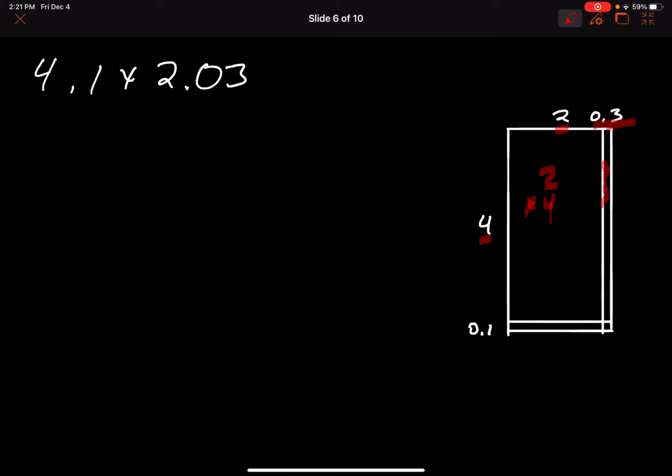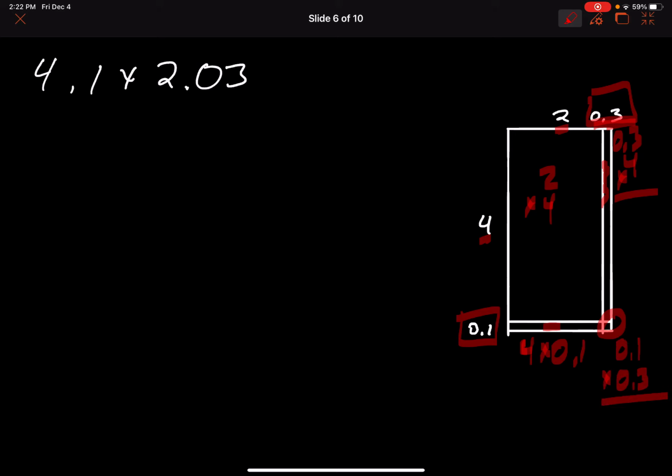And that space would be the 4 times 0.3. Okay, this space here is showing 4 times 0.1, and this teeny weeny little space here is the overlap of these and showing that you have to multiply those as well. So 0.1 times 0.3 there.